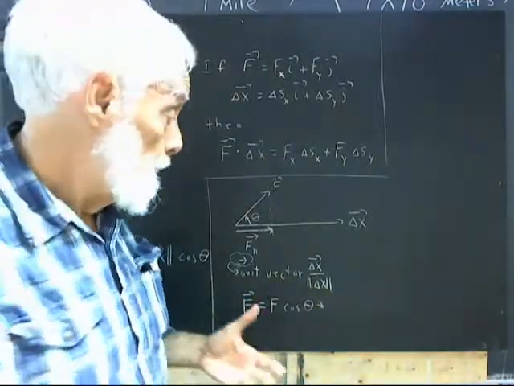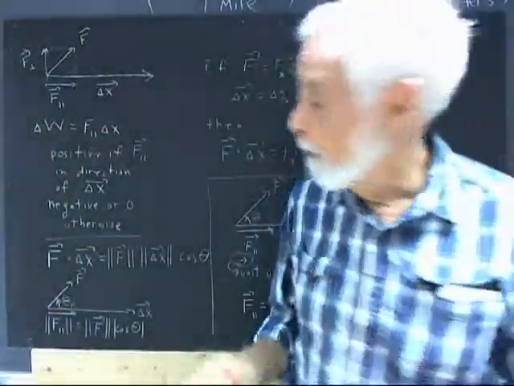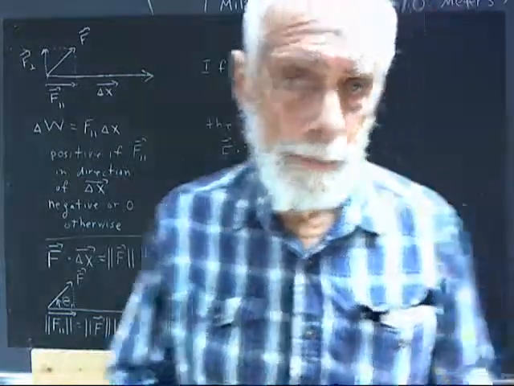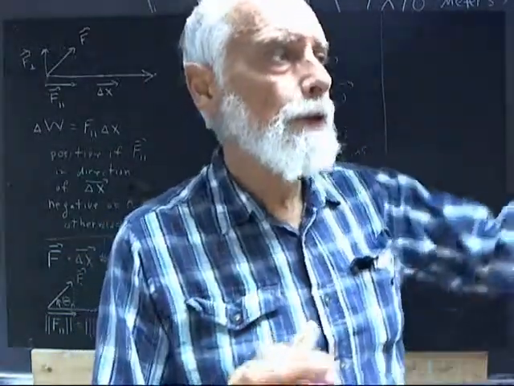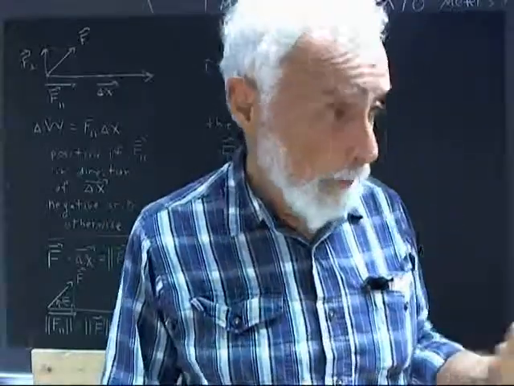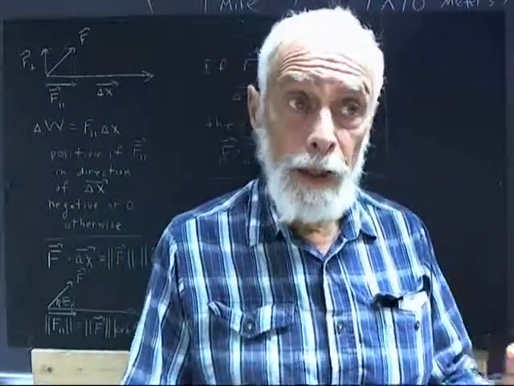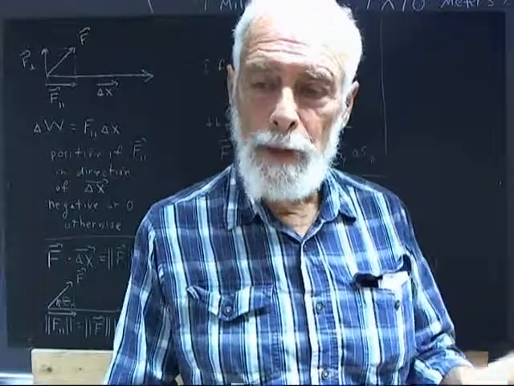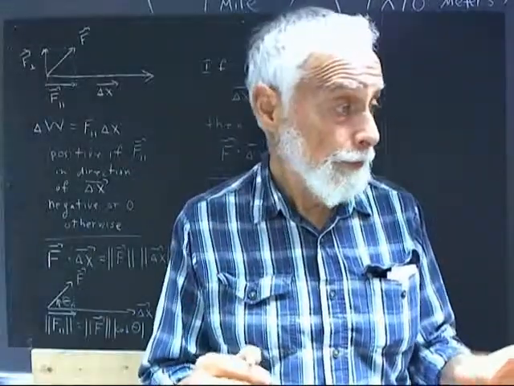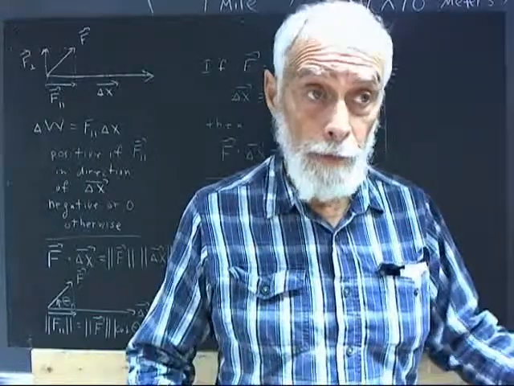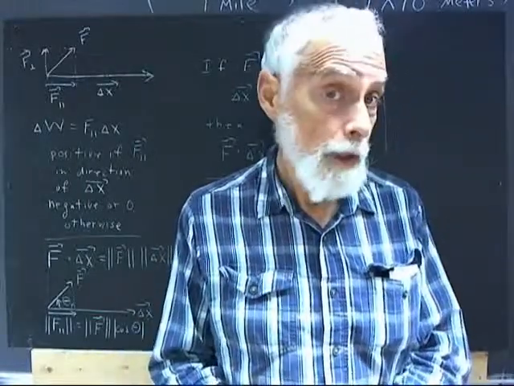Now let me explain the meaning of a unit vector. If the displacement of that car is 100 meters to the east, first of all, my displacement is a vector. It's got a magnitude of 100 meters and it's directed to the east.